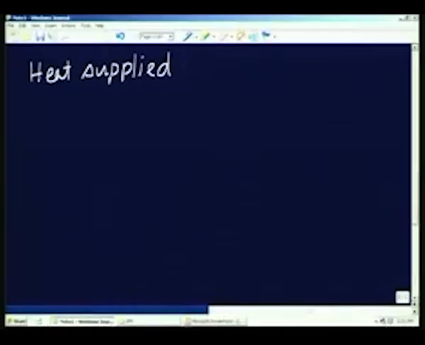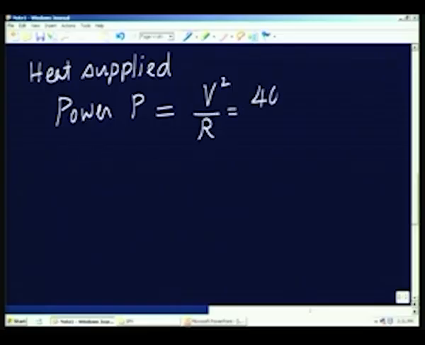So, heat supplied can be calculated as the electric power, which is given by V squared by R. This will be 40 squared divided by the resistance of 53.5 ohms.